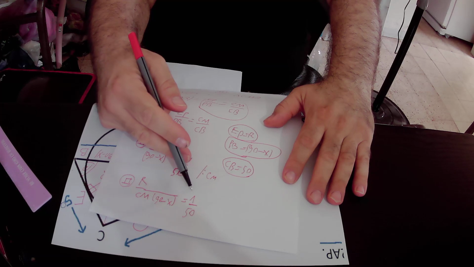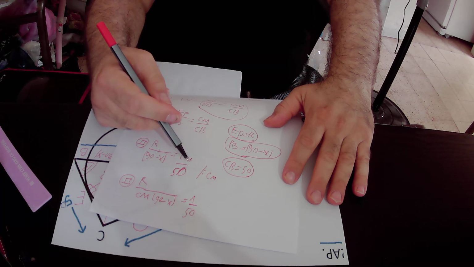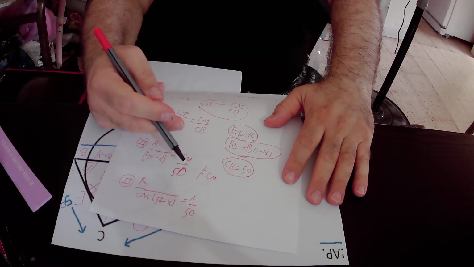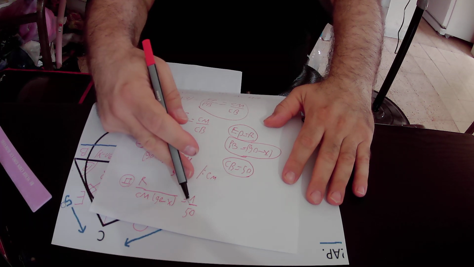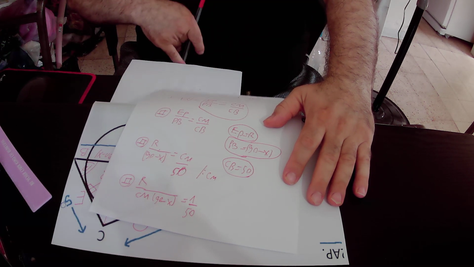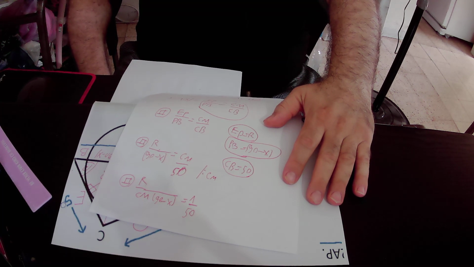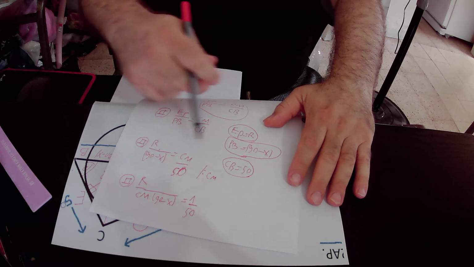So here we have 1 and 50, we copied it here. So in the next step, we will multiply both sides of the equation by 90 minus x.